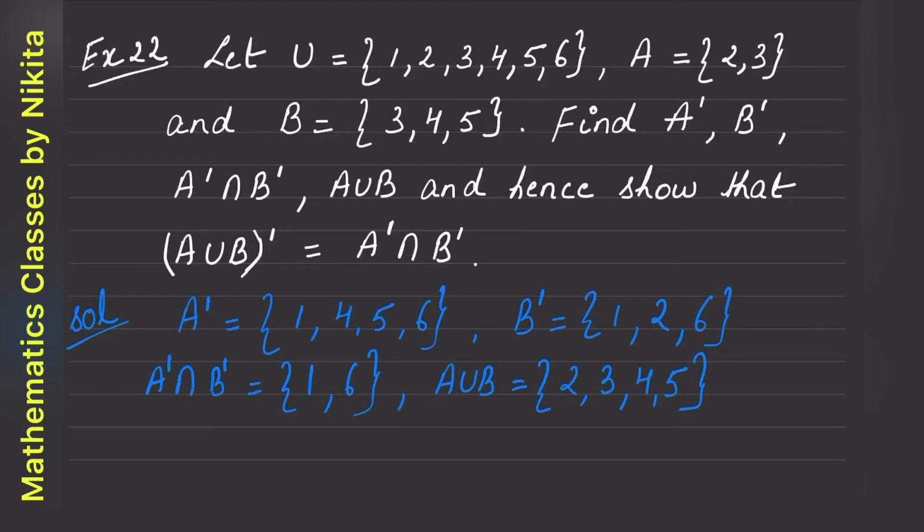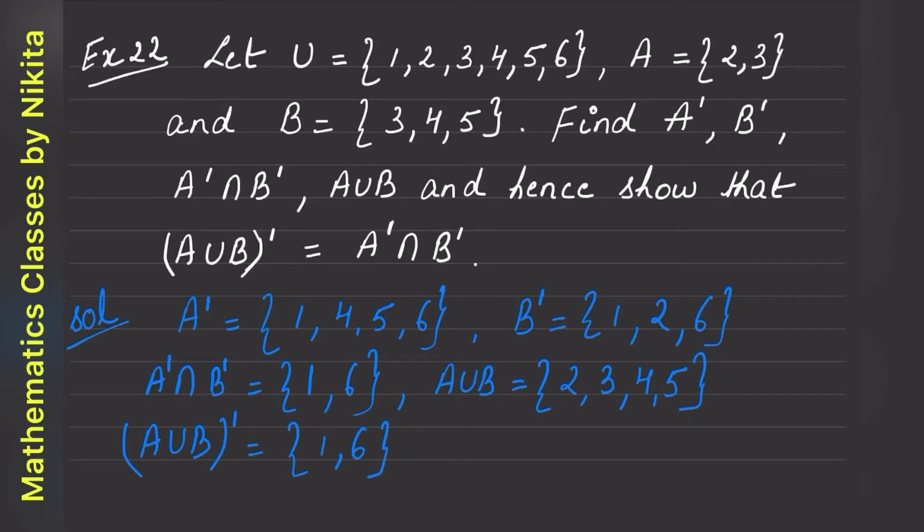Now next let us find what is A union B whole complement. So you have to now take the complement of A union B with respect to U only. So you can see that this will be equal to 1, then 2, 3, 4, 5 तो A union B के अंदर है. So I will write 6. So this is A union B whole complement.